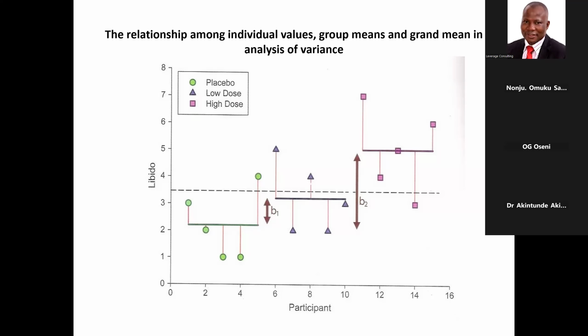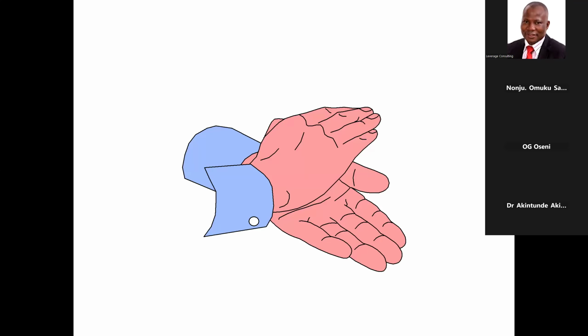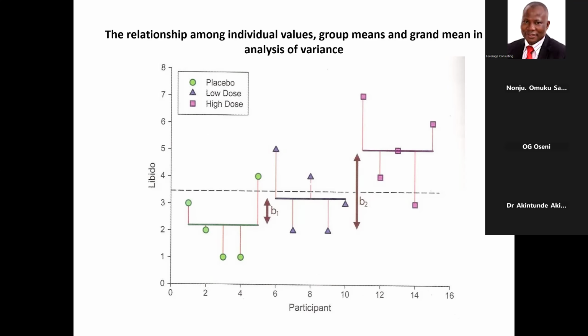So this B1 and B2, I've already told you before that regression and ANOVA are the same thing, so I will not dabble into that now. We'll just stop the lecture here. When we get to regression, I will revisit this data and demonstrate the same data set, the way we run it.